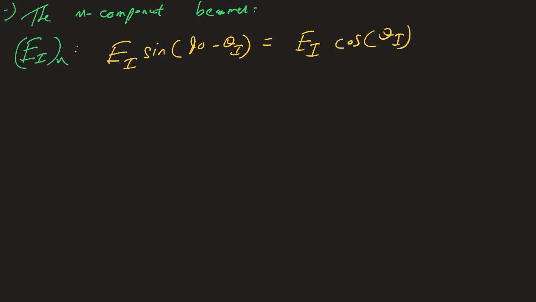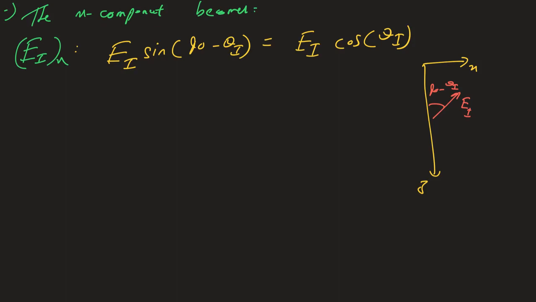Similarly, let me just draw it out for you anyways. So we have z, we have x, and we have our incoming electric field. This angle is 90 minus theta incident, and we want the x component, so we take sine of 90 minus theta incident, right?